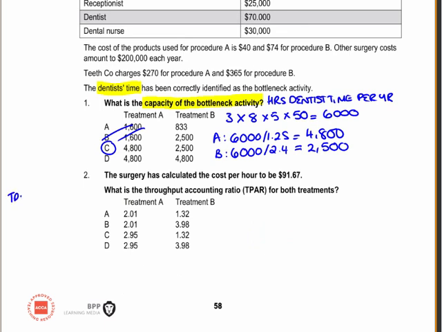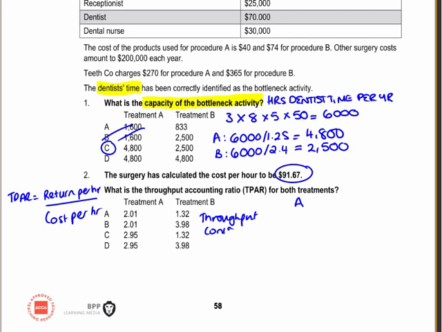Well, the throughput accounting ratio is equal to the return per hour divided by the cost per hour. And we've been told that they've worked out the cost per hour as $91.67. So what we need to work out is the return per hour. So we start off with the throughput contribution. For treatment A, that is going to be the charge, the revenue of $270, minus the material cost, because remember, in throughput, materials are the only variable cost.